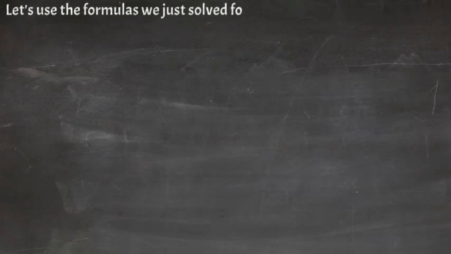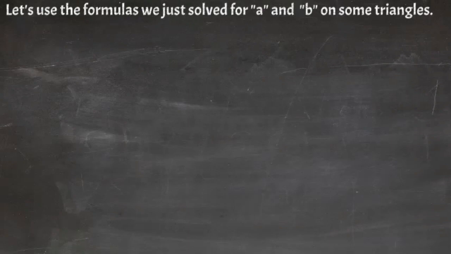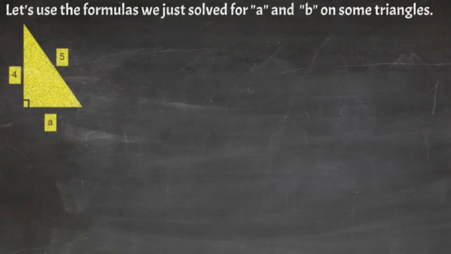So now let's use the formula we just solved for a and b on some triangles. Look at the first triangle on the left, and we're missing the a term. So we're going to use the a formula, and we write that down as a is equal to the square root of c squared minus b squared. Then we're going to replace the letters with the corresponding numbers.